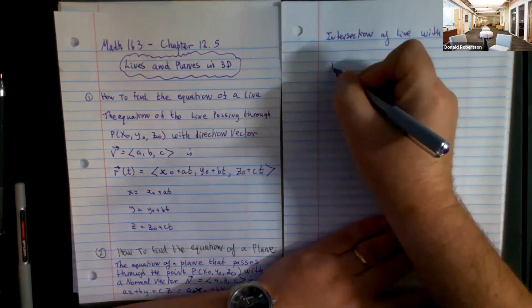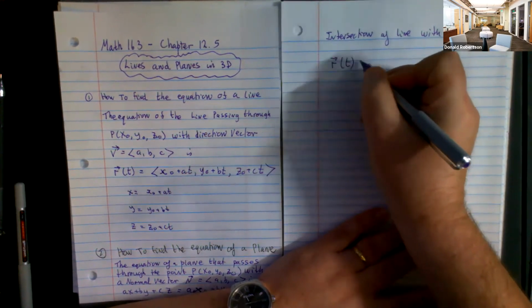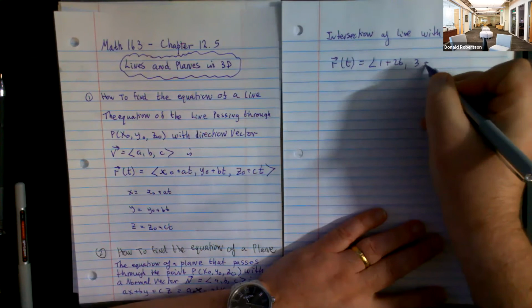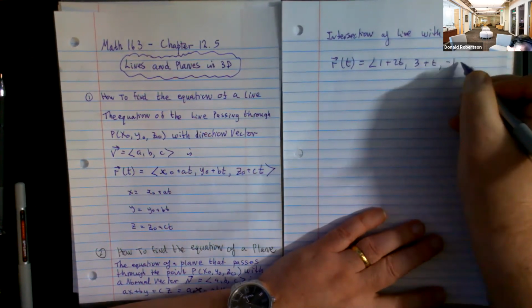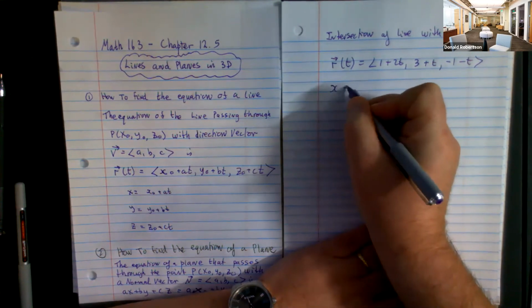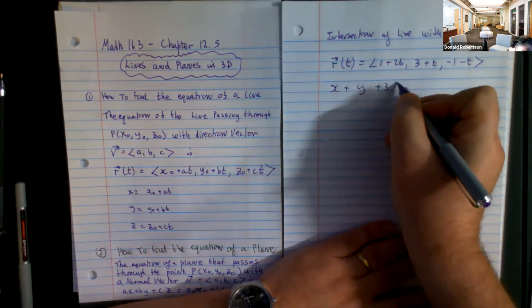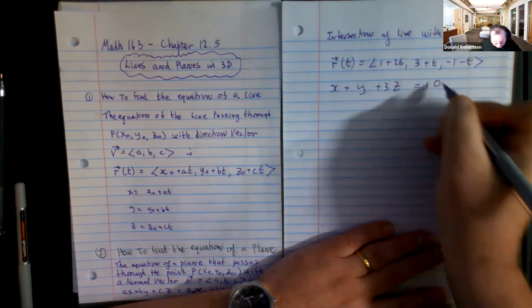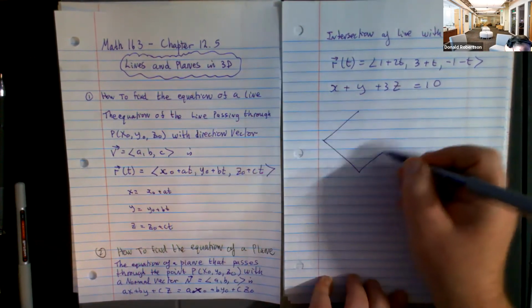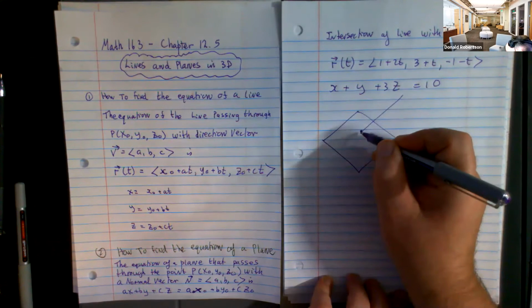Imagine that I've got a line and its equation is this one here. And I have a plane. Visually, I can imagine here is my plane, this is the line.